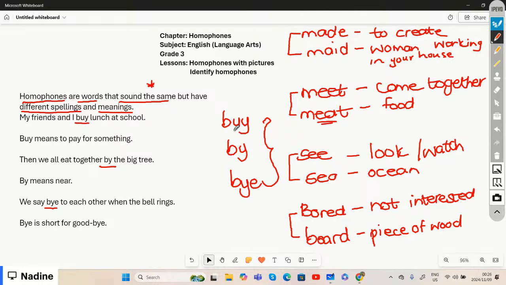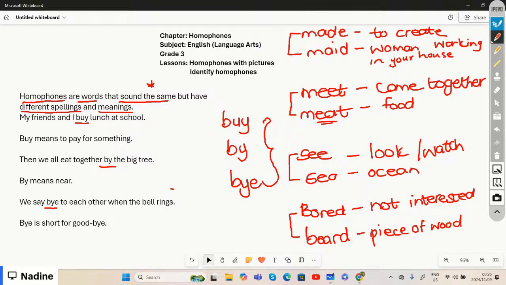Then we have meet, M-double-E as well as M-E-A-T. The one means to come together. We need to meet up. We need to chill. And the second one is food that you eat. Exactly.